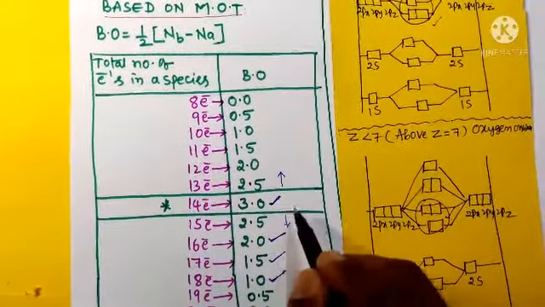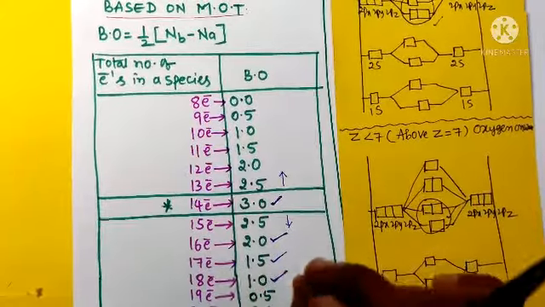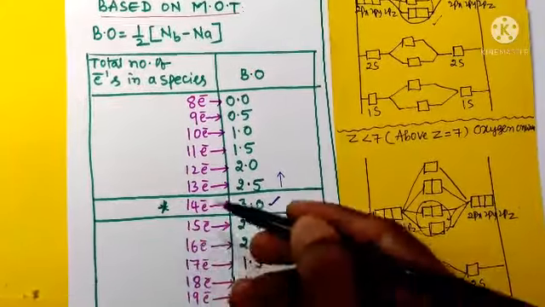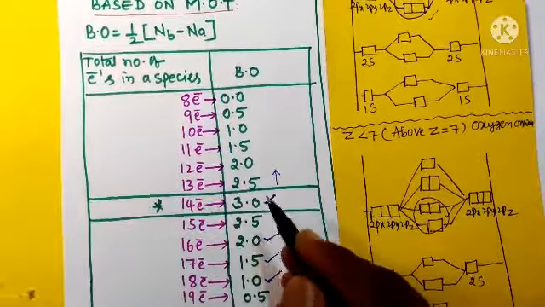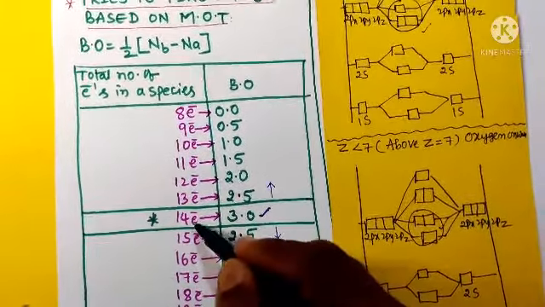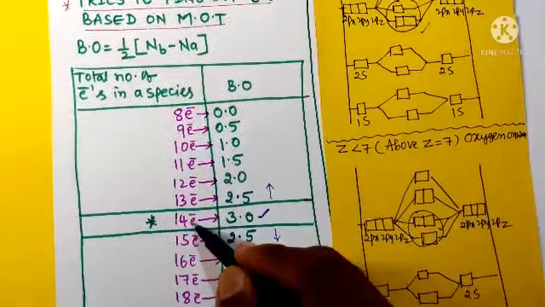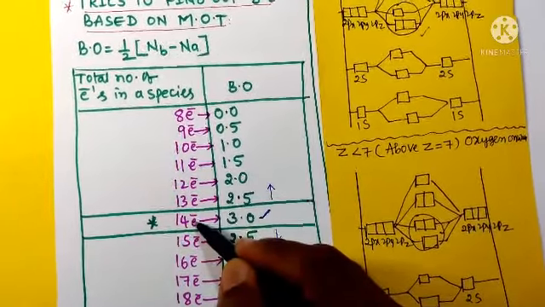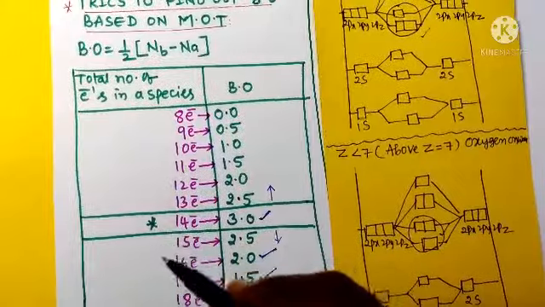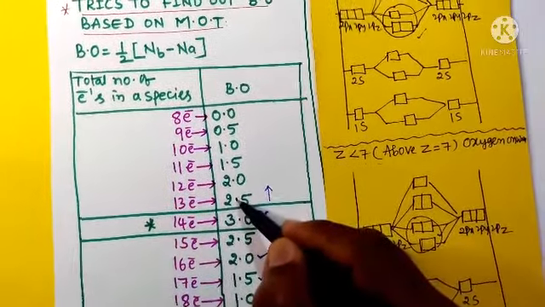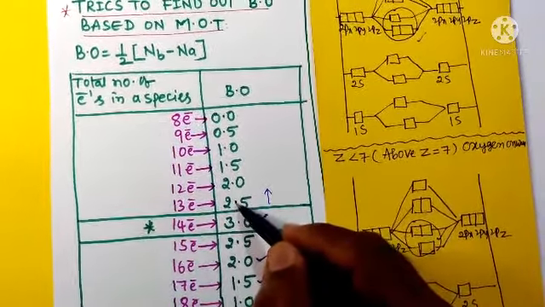Now based on this basic measurement, for more than 14 electrons, when 1 electron increases, its bond order decreases by 0.5. Then when the number of electrons decreases, less than 14 electrons, that is 13, 1 electron is less than 14 electrons, again its bond order decreases by 0.5, that is 2.5.